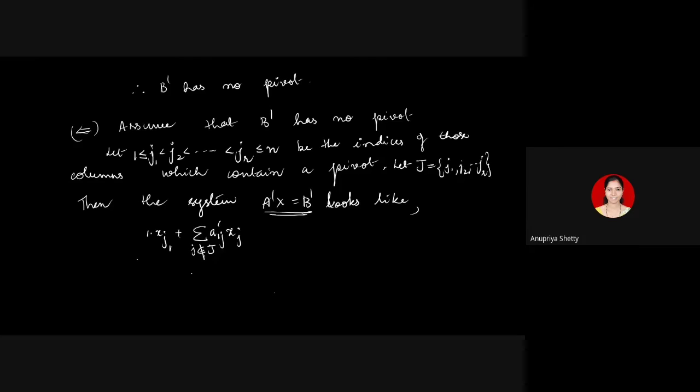Exactly how many non-zero entries, we don't know, but whichever j is not in the set J will be present in this summation. And that is equal to B1 dash.